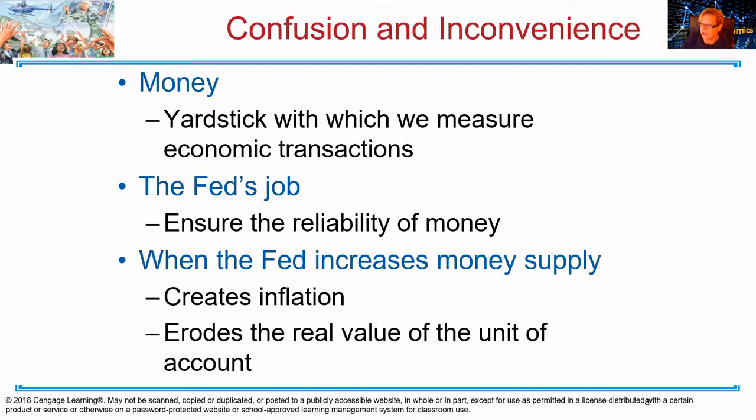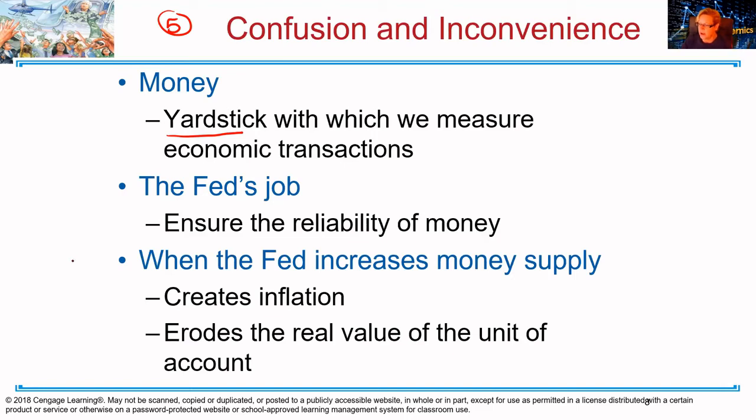It also leads, if I can put 5 up here, to confusion and inconvenience. Because we use money as a yardstick, it becomes difficult to decide at what price we actually record a transaction.